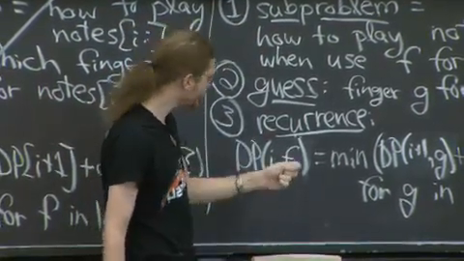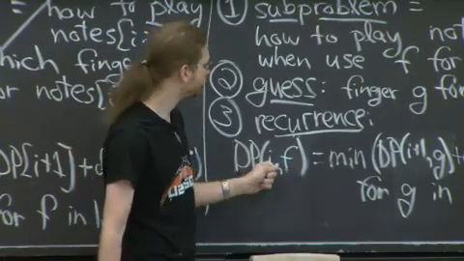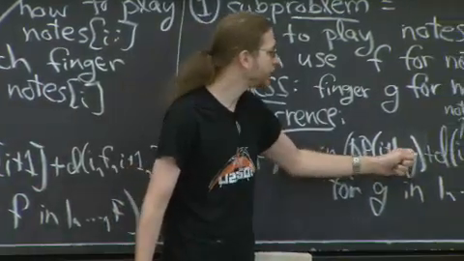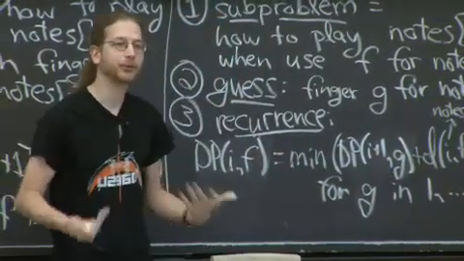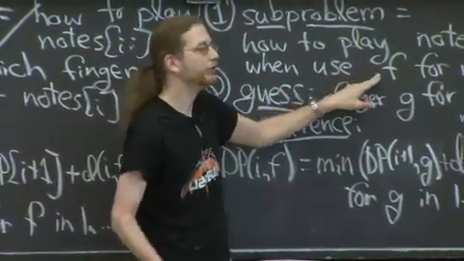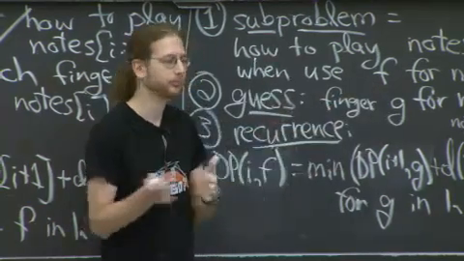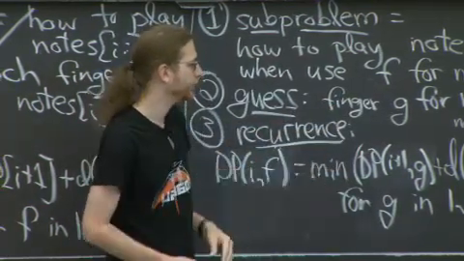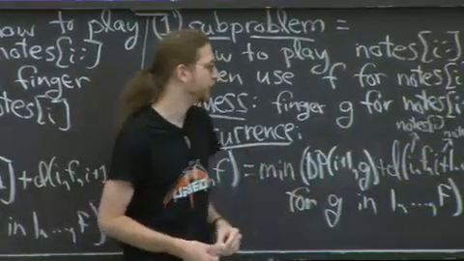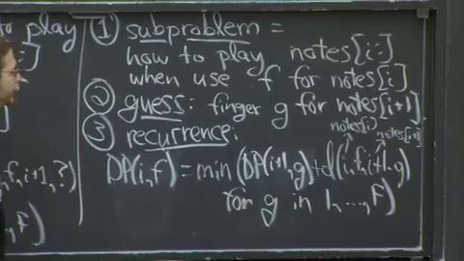And now we're telling it, your finger right now is finger f. Finger f is the one that's currently playing the note. And then afterwards, g is the finger that's currently playing the note. And we can keep track of that. You could also define this to say f was the finger used for the previous note, note i minus 1, but it's just a shifting of the indices. You could do i minus 1 to i instead of i to i plus 1. But this is, I think, slightly cleaner.